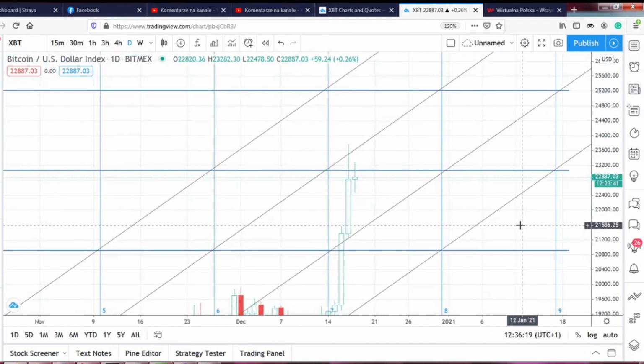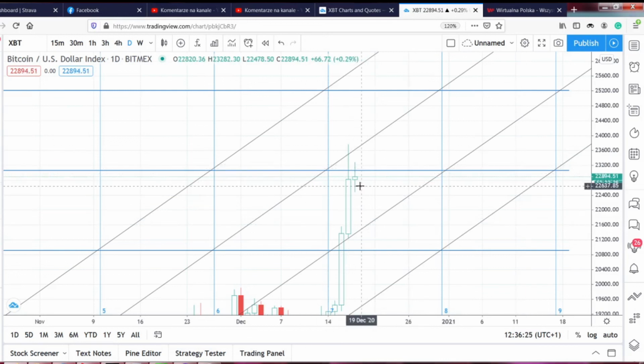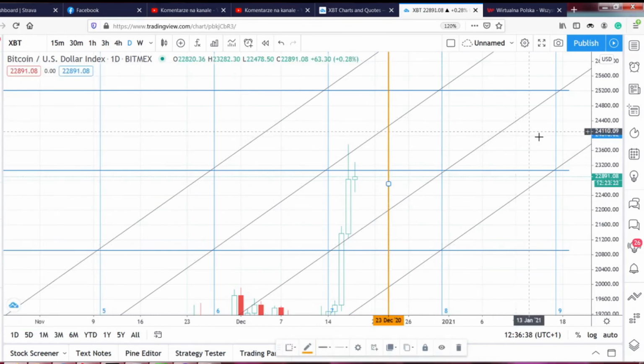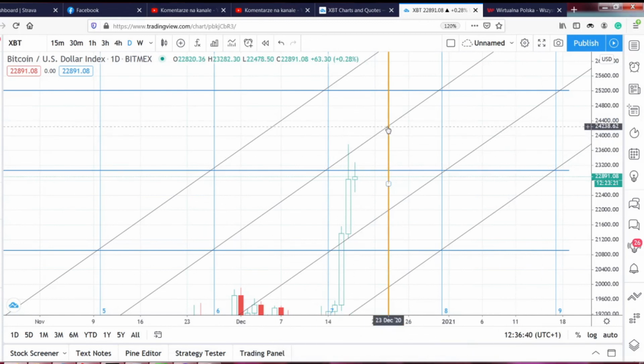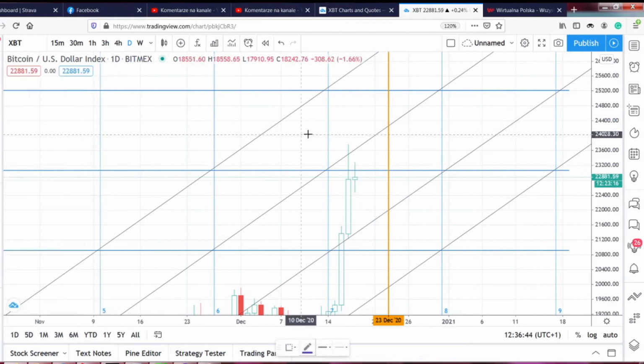So at the moment, if the market would make a reversal, in my opinion, a very short term, if not here, it should be halfway between these two lines, which is somewhere here. Let me show you. So half of this cycle, somewhere here, that's one line, and half of the cycle is also exactly here, the same horizontal line.